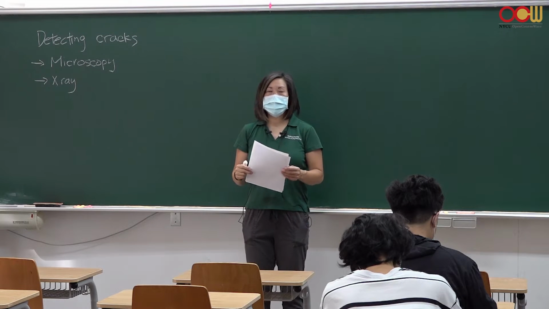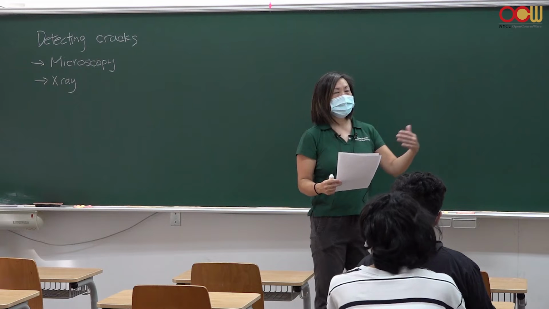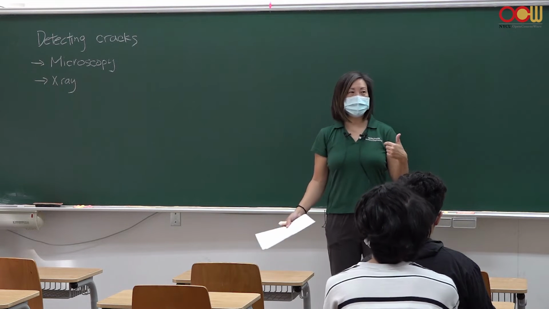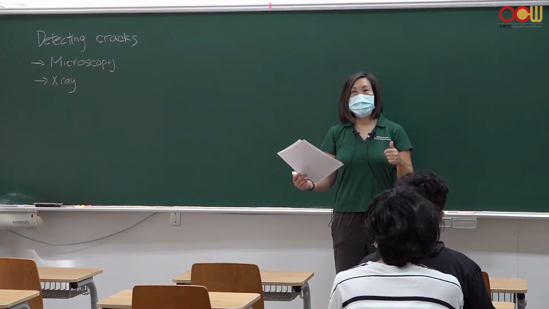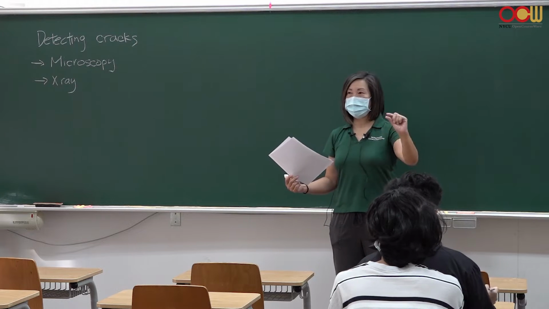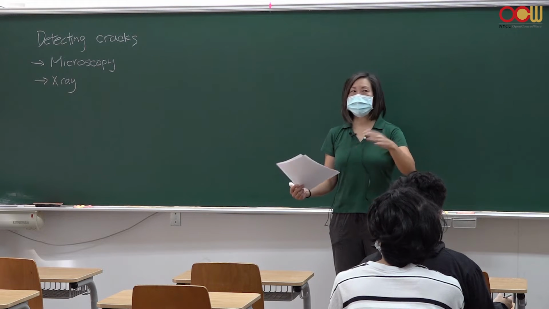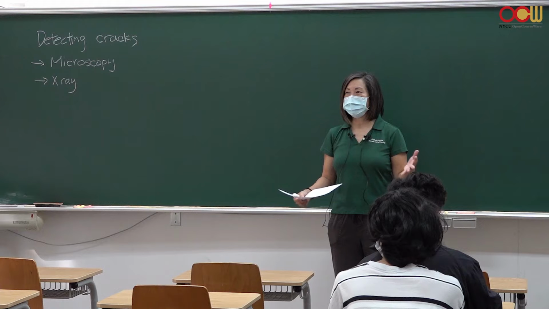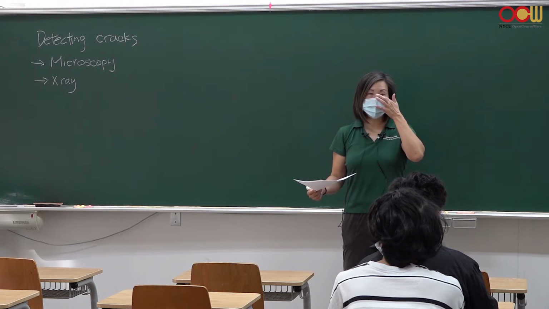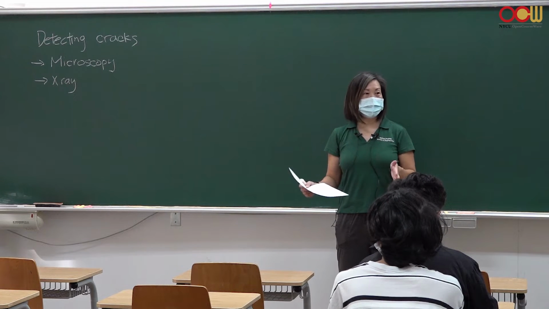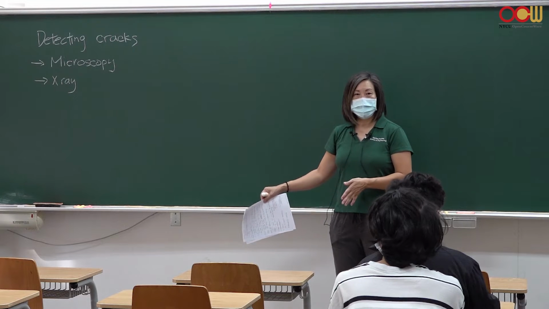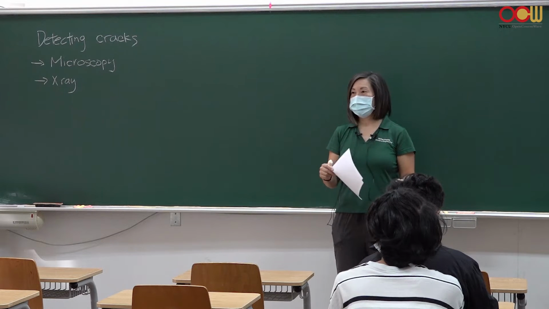Okay, so that's microscopy. There's also X-ray. So materials will either allow X-rays to pass through or not allow X-rays to pass through. And so you can see when there are cracks inside a material. Just like you take an X-ray to see if you have a fracture in your bone. Similar idea. And so you can take an X-ray and have it go throughout the material on site.